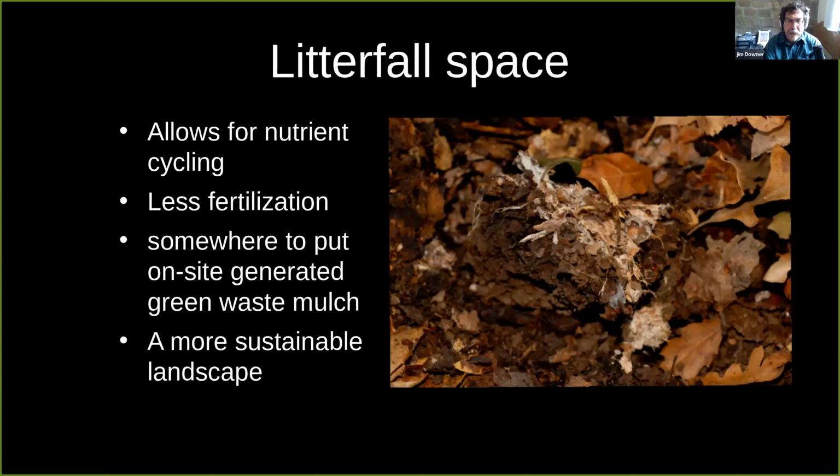We put it back in the landscape. Tree trimmings don't leave the property, they become part of the property. They get chipped and put back into the landscape. This is what we need to do. We need to conserve our organic matter and keep it going in the landscape as a part of the landscape. This creates a more sustainable landscape, but it's also one wherein we have to look at mulch.